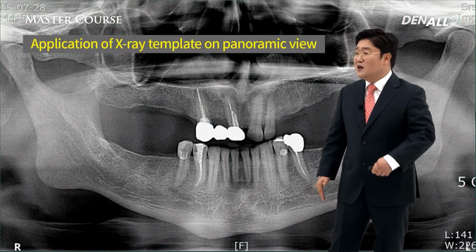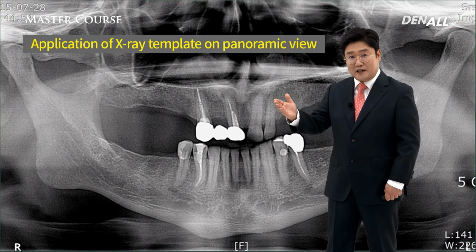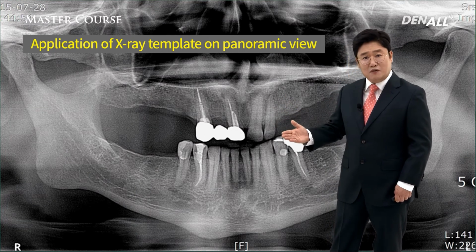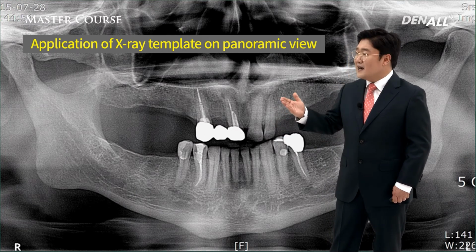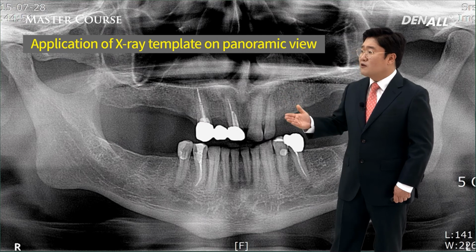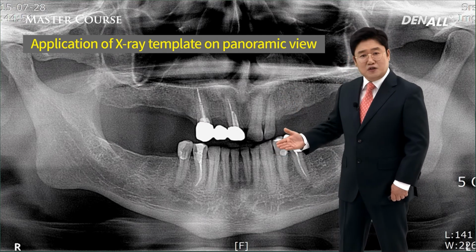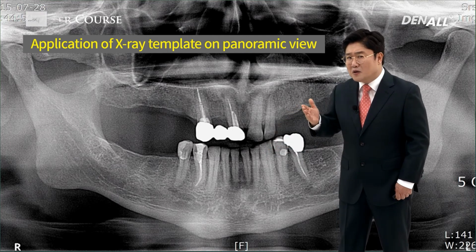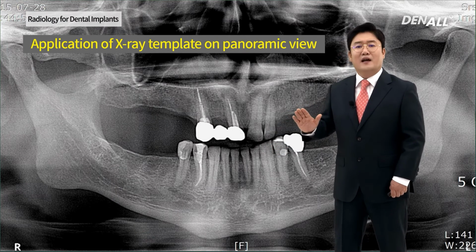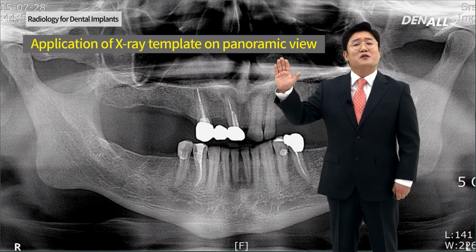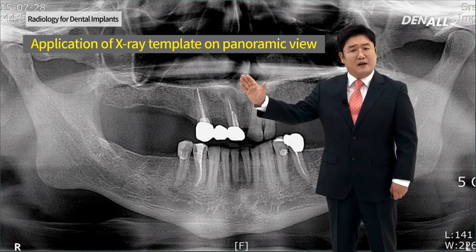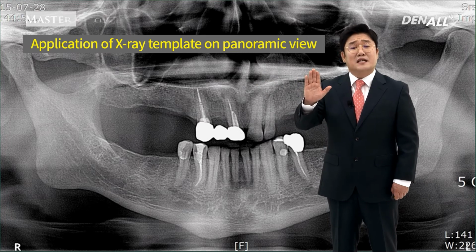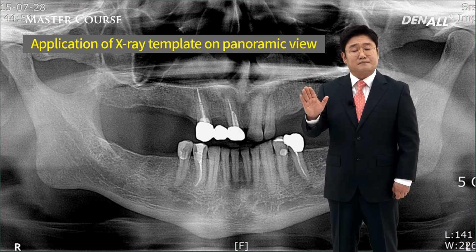How can we use such X-ray templates? Implant surgery is planned for this patient in this case. In the upper posterior and lower posterior regions, implants will be placed bilaterally. What process did we take in the past? The first thing we had to do was to take panorama pictures because panorama pictures were the basis of all implant procedures.